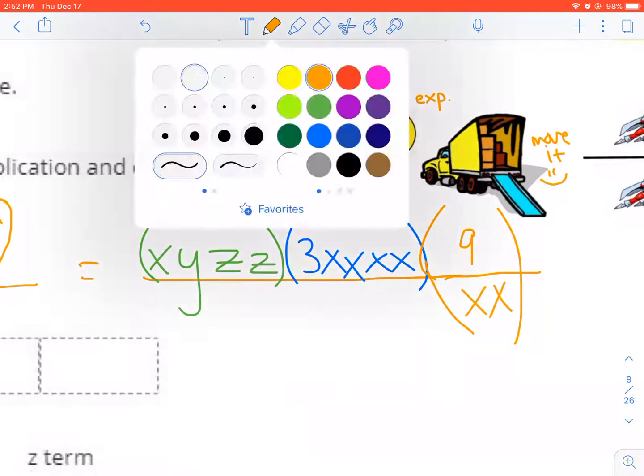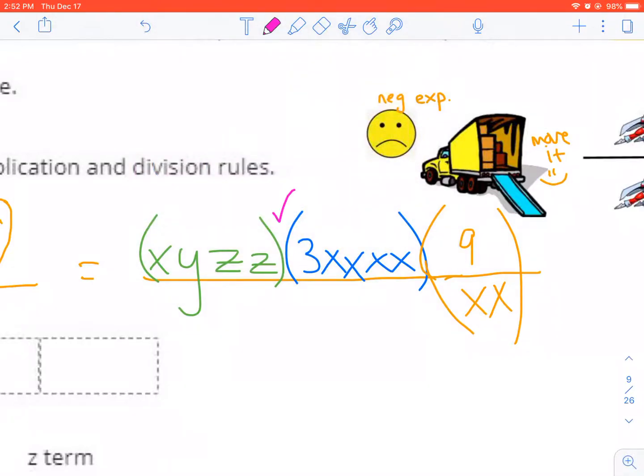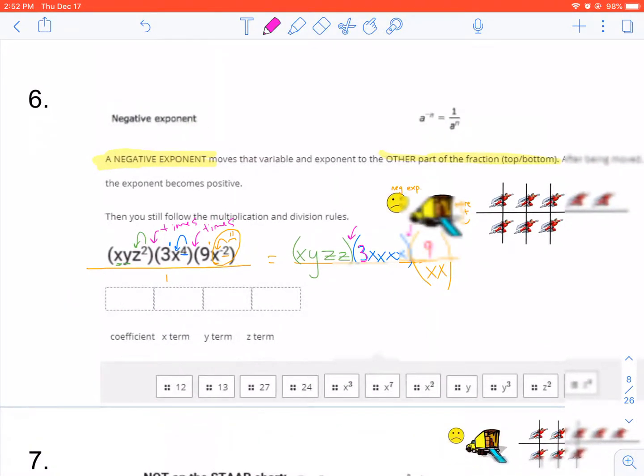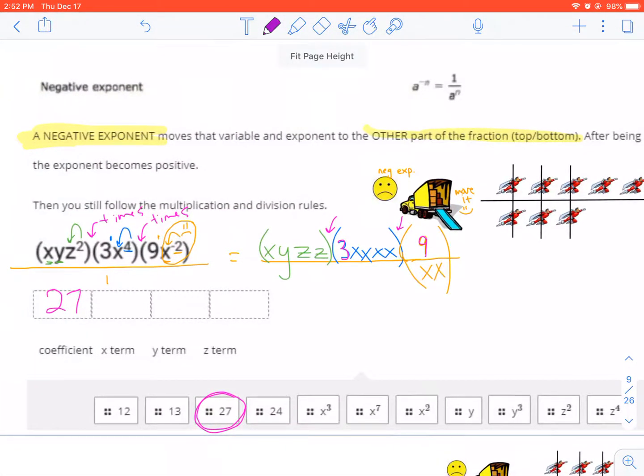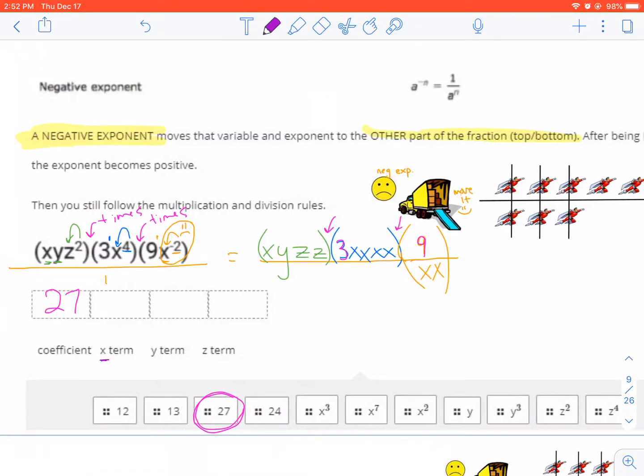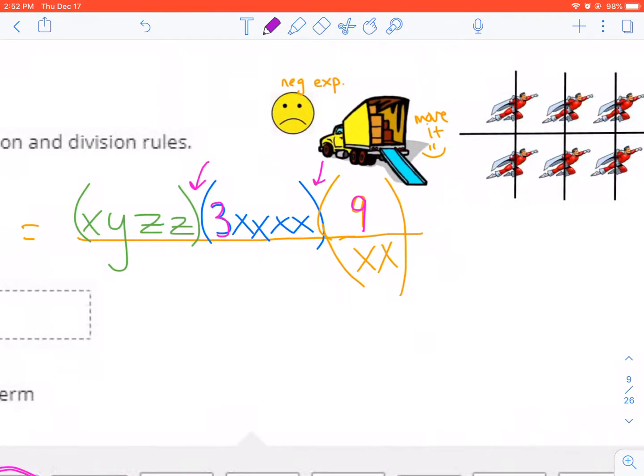So again, we have those parentheses next to the parentheses right here, so that means times. So we're going to do 3 times 9, and 3 times 9 gives you 27. And then now we're going to count, because we go alphabetically. X's come next. So we're going to count our x's. Now if you'll notice, there's some on the top and some on the bottom.